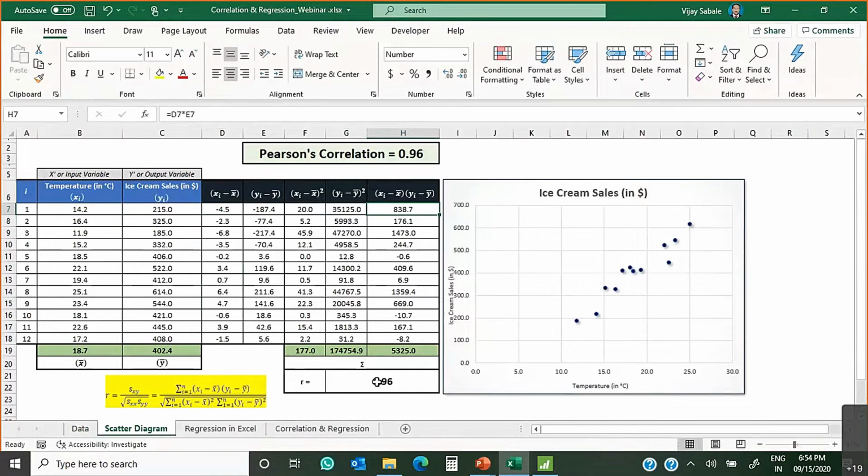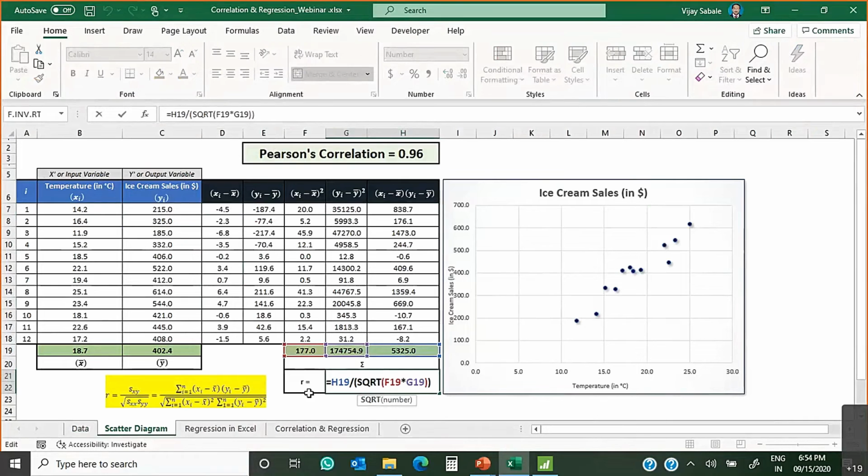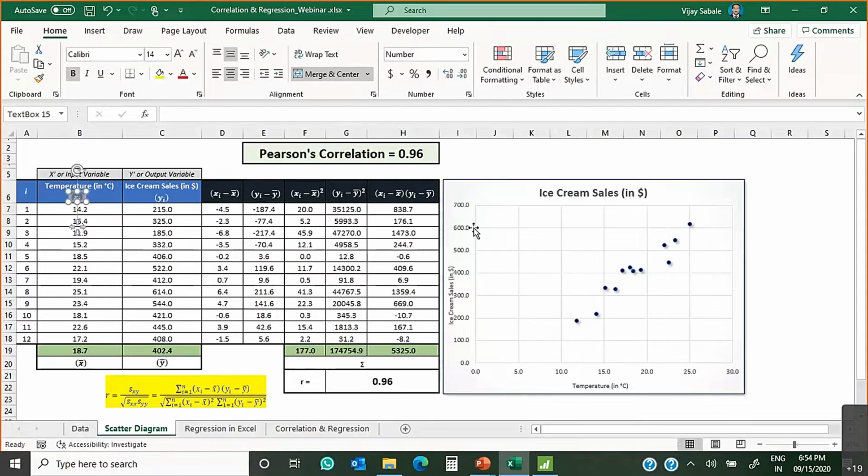Now if you see the formula here, it is the summation of (xi minus x bar) into (yi minus y bar), divided by the square root of (xi minus x bar) squared and (yi minus y bar) squared, right? So this is the formula if you go into the details of the calculation.